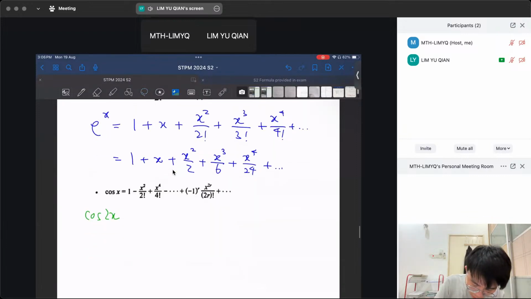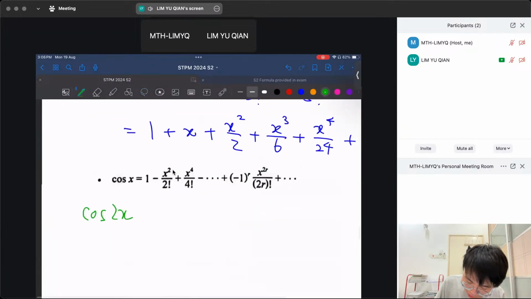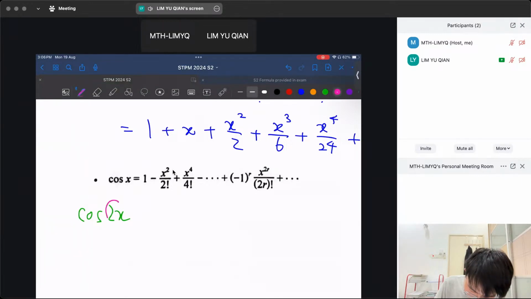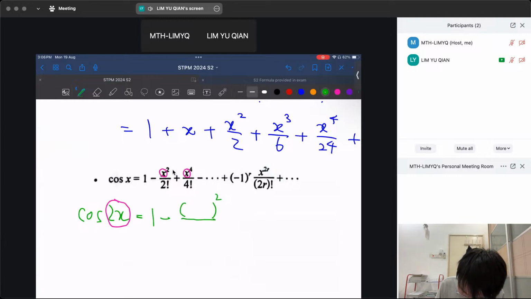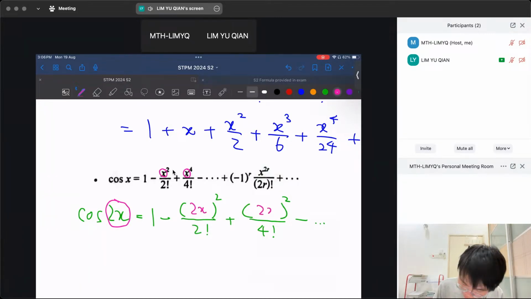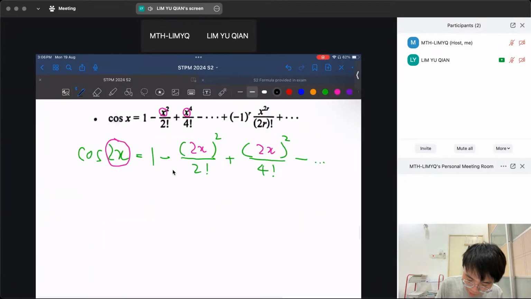So cos 2x is equal to 1 minus something squared over 2 factorial plus something squared over 4 factorial, and then minus. You have to substitute 2x here. Then we see what happens.